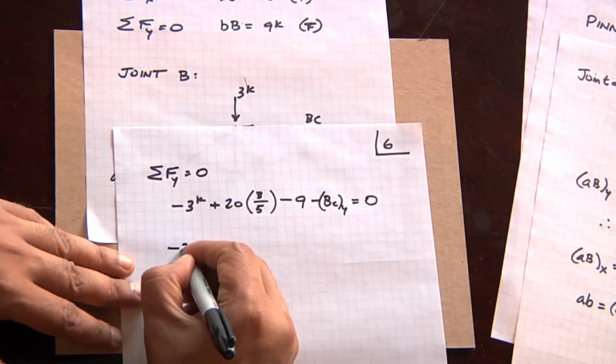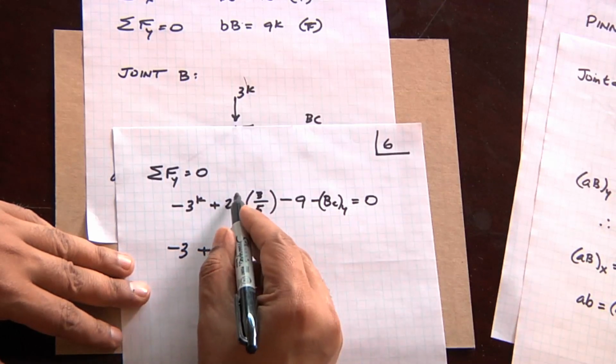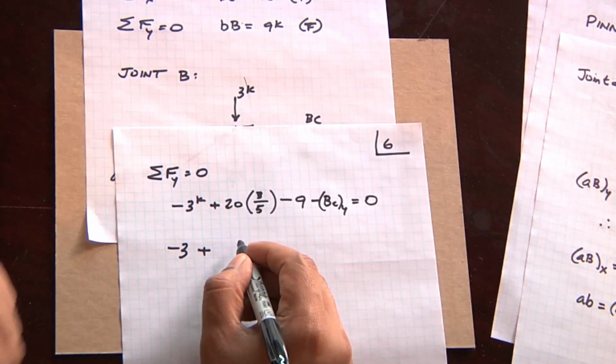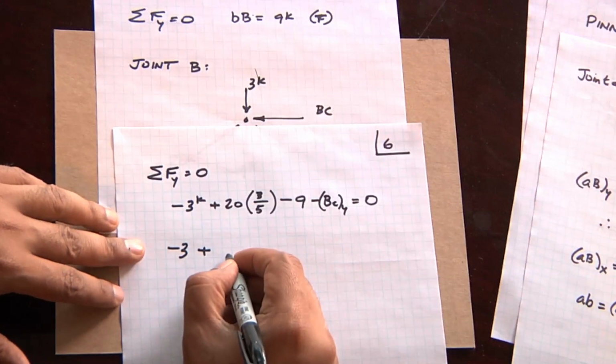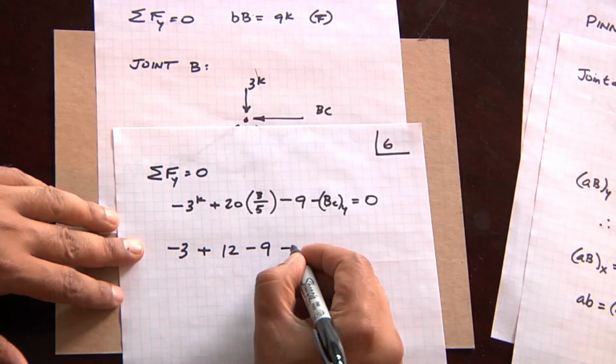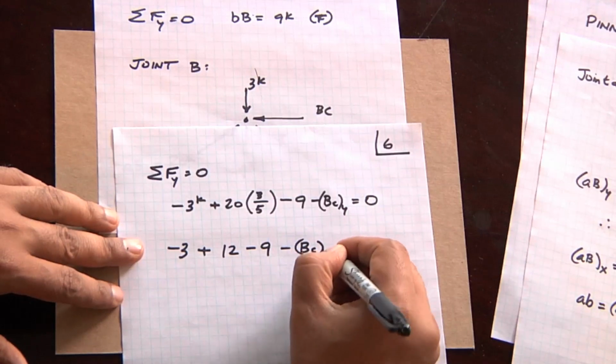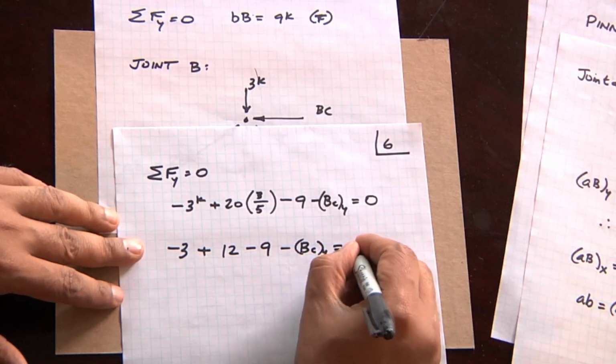So that's minus 3 plus, 5 goes into 20 four times, that's plus 12, minus 9, minus BC in the y direction must equal 0.